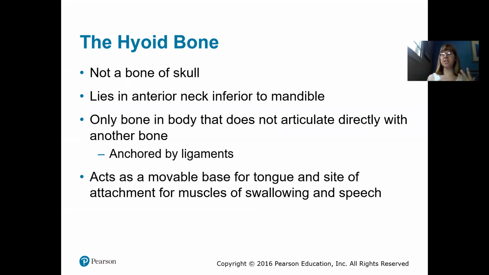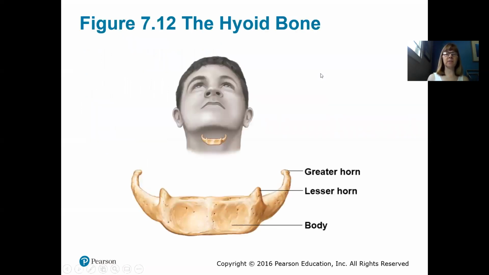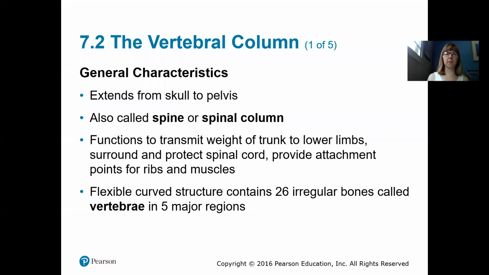It doesn't articulate with any other bone in the body, but it anchors all these ligaments, and it's important for speech and swallowing. It's right under here, and it's attached to the tongue and helps with swallowing.